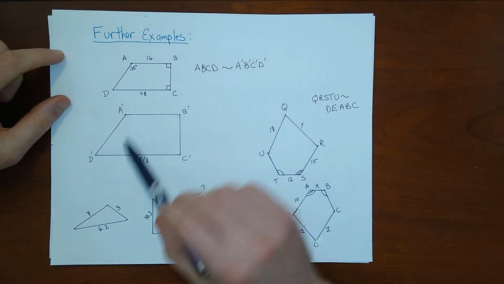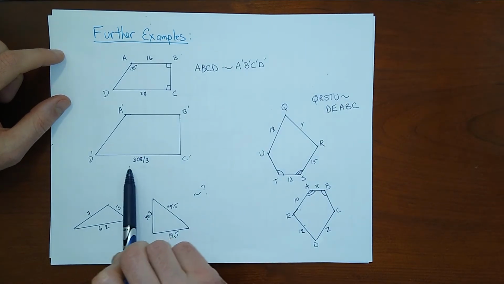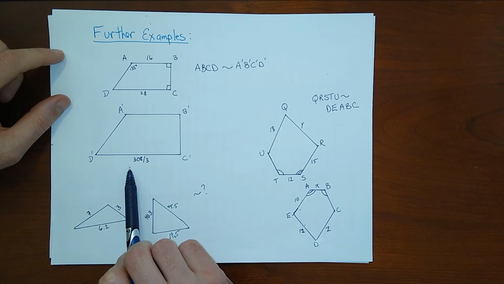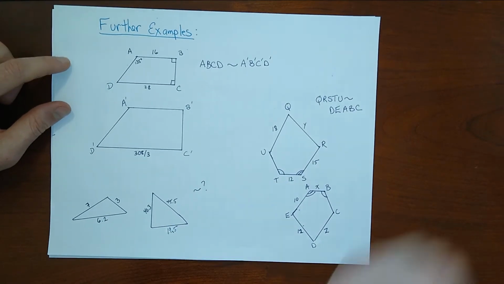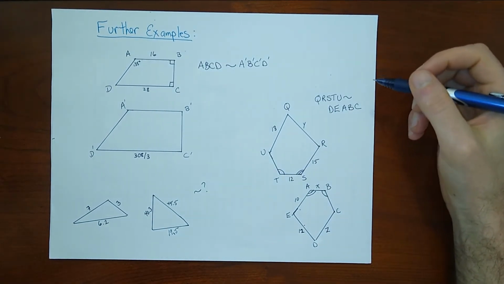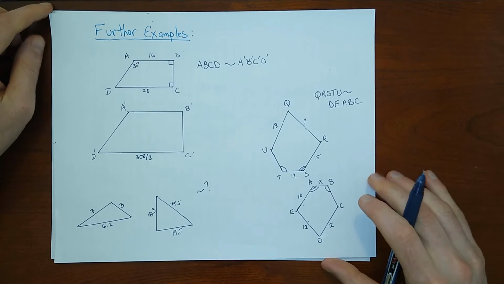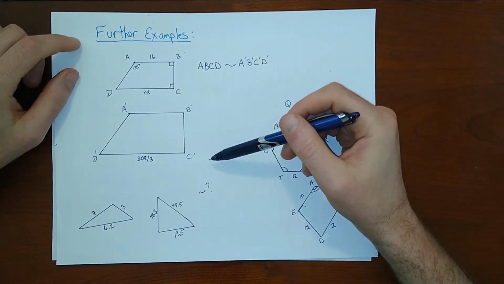So the only side length that I have down here that I know for sure is 308 over 3 units. Now this is an odd number for sure, but that doesn't necessarily mean that there's no proportionality here just because it's a fraction or in decimal form. I still have to actually crunch the numbers and check.